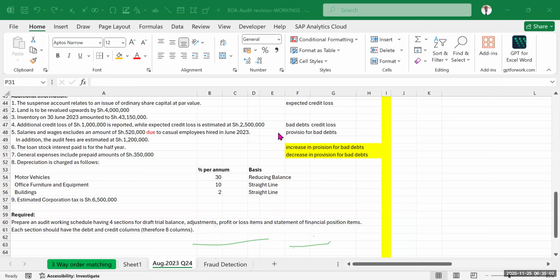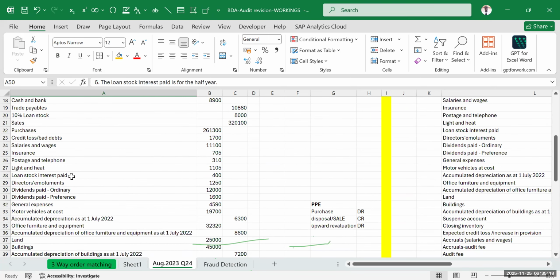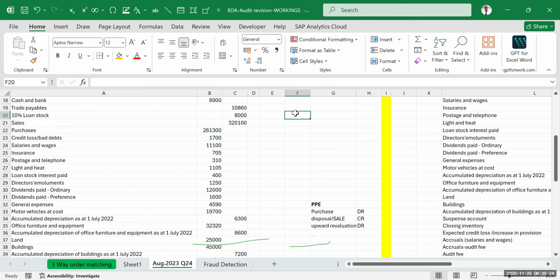Interest paid is 400 and then accrual now becomes 400. That is very good. And someone may be wondering, where did the 800s and the 400s come from? It is very simple. Let's all go to that note. Let's all go to the loan stock interest. In your recognition of the expense on an accrual basis, you will compute the finance cost to be paid, right?